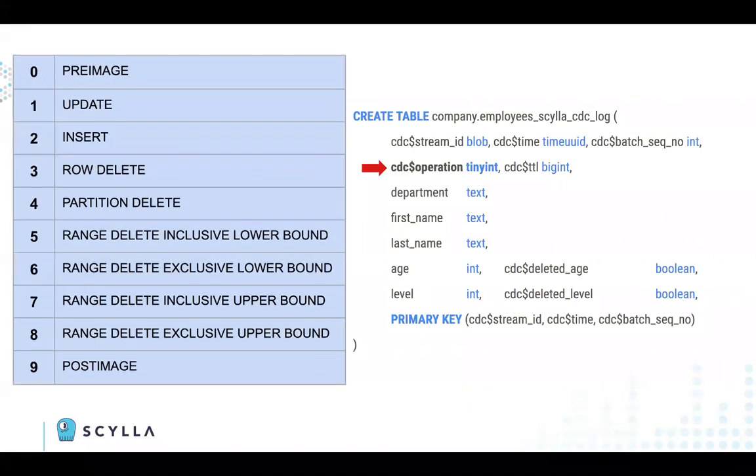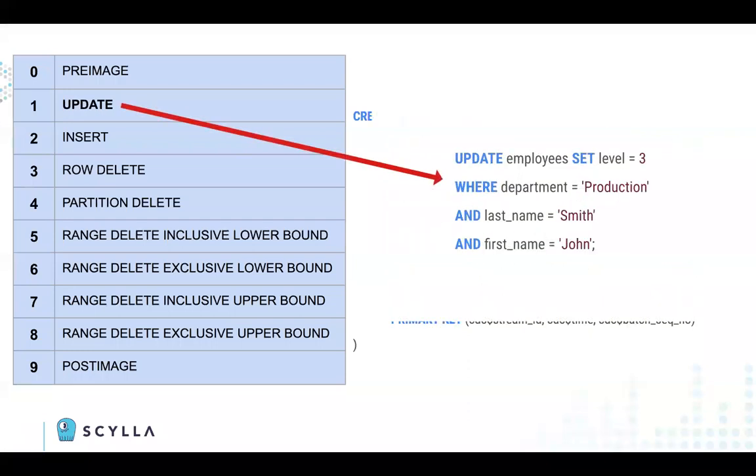So at the moment, we've got 9 of them. Preimage and postimage are special types to store those 2 special modes, and the other 7 are used for delta. Let's go through all of them and see what could cause them to appear in the CDC log. Update is a usual update, which we can do like this.